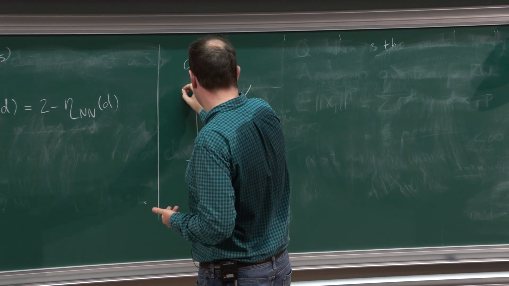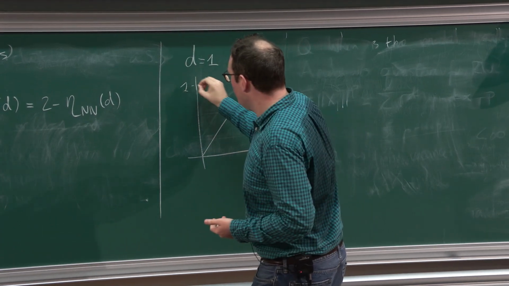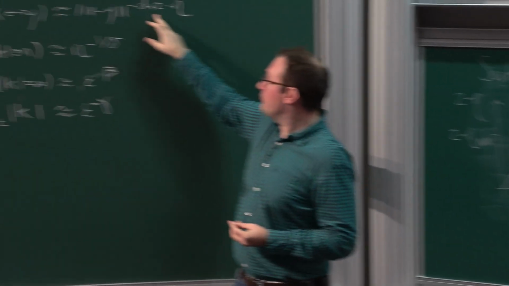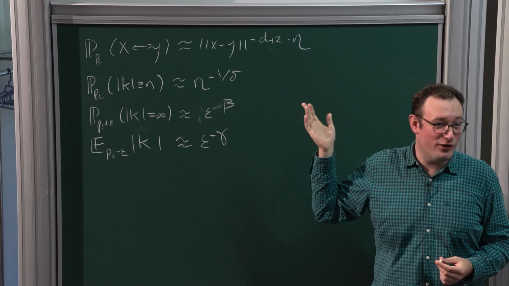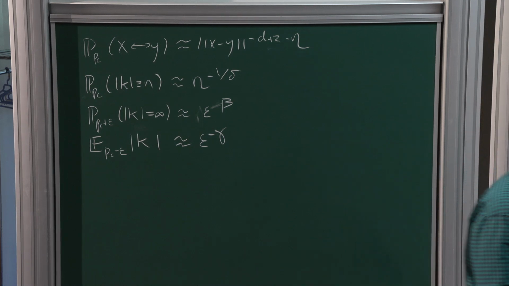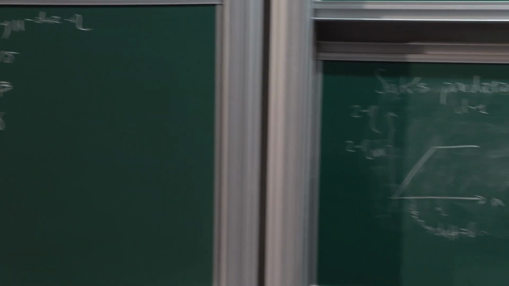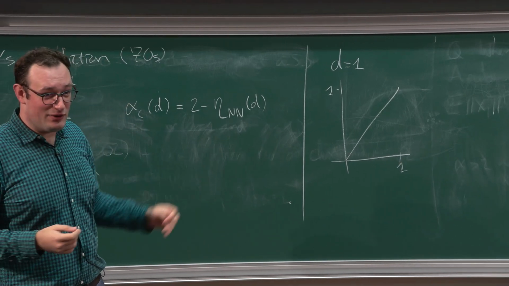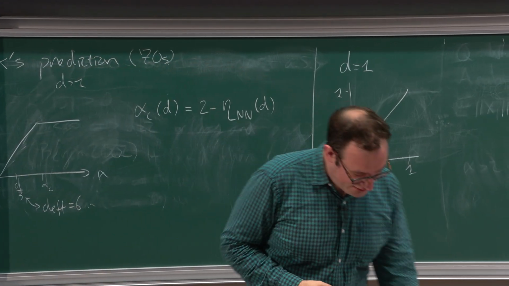And here this is 1 as well. And of course, this corresponds to minus d plus 2 minus eta being 0 at 1, which means you have non-decay of the two-point function. Of course, as I mentioned, if you take the model with d equals alpha equals 1, you actually get a discontinuous phase transition. So it's consistent with this conjecture.